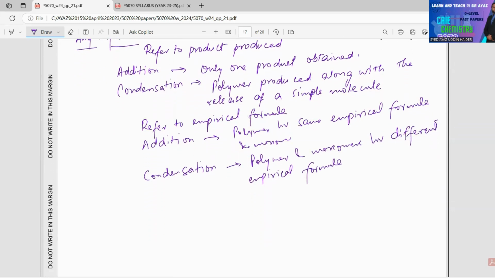You can even write addition uses carbon-carbon double bonds.